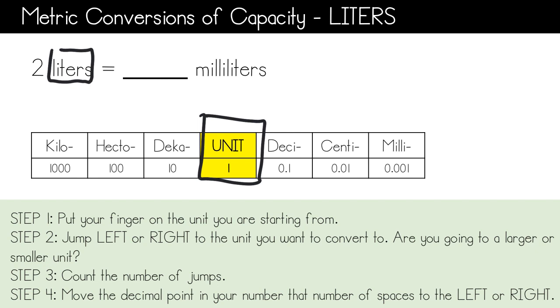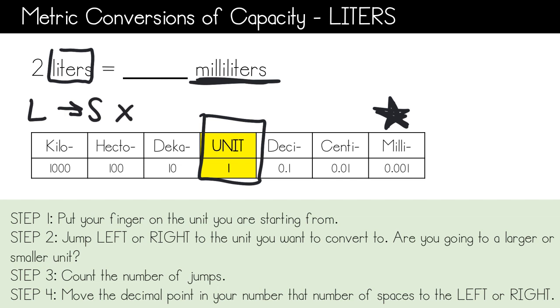Decide if you're going left or right to the unit you want to convert to. We want to convert to milliliters. So we're going to the right. So from liters to milliliters, we are going from a larger unit to a smaller unit. So that means that we are going to multiply.